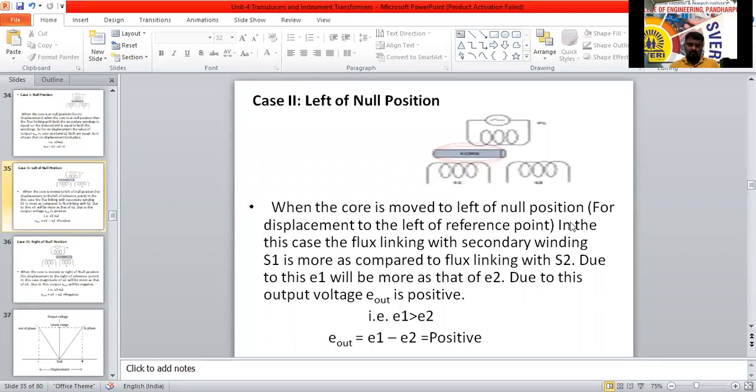Just a minute. Roll number 1, 2, 3. 3 is not there. 4, 5, 6. 9 is present today.